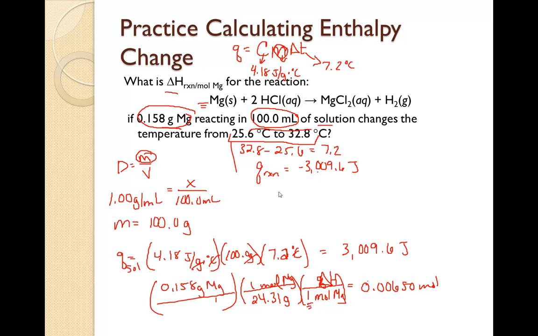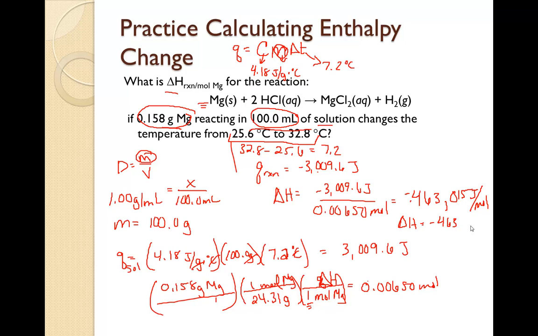To find the delta H, we divide the two. And that is equal to negative 463,015 joules per mole. Most of the time delta H is written in kilojoules because of the fact that the number is so big. So negative 463 kilojoules per mole.